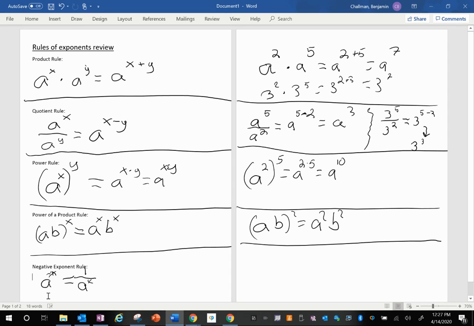Now, similarly, if I had another situation where I had a fraction and on the denominator there was a negative exponent, that just flips it around and puts it on top. So that would turn into a to the x power. So you're basically just flipping them from top to bottom and so forth.